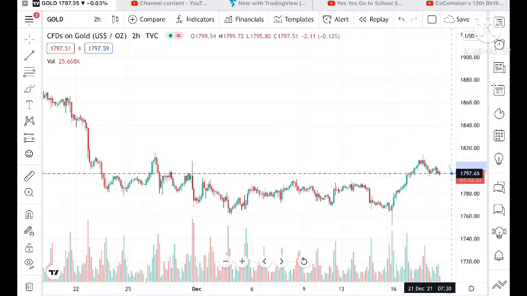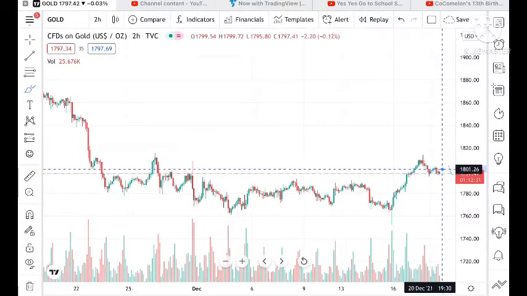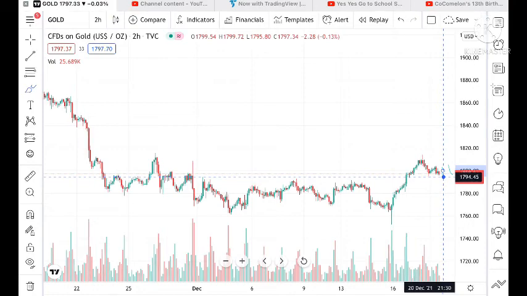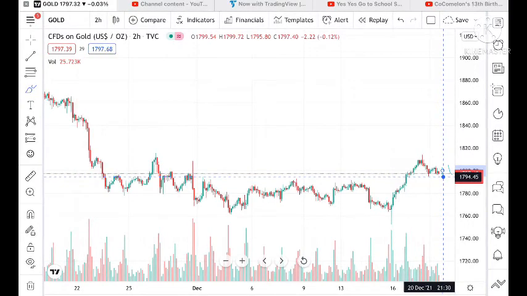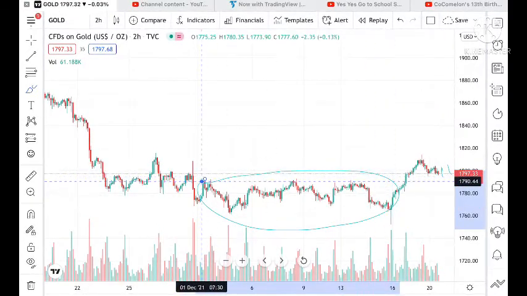Suppose the price doesn't sustain this level, then it can go and touch a level of 1794, which is the range high that it broke.